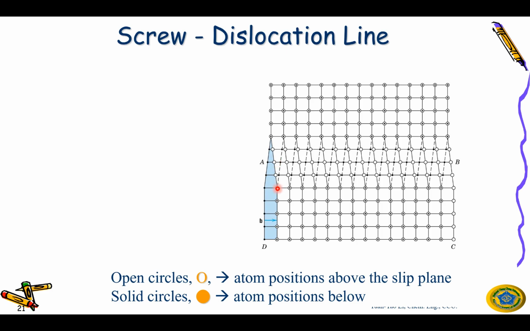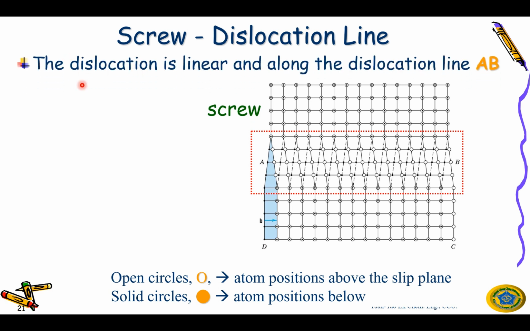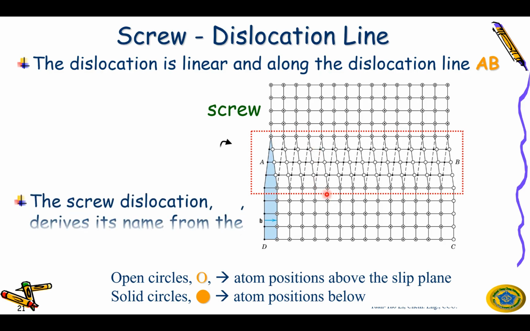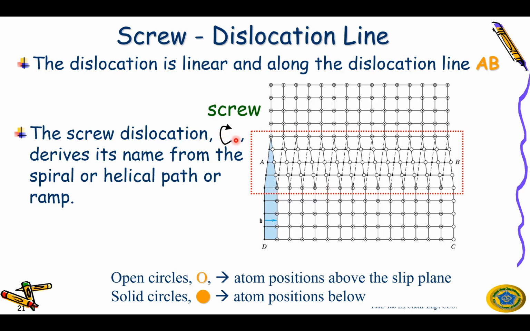So it goes bottom, up, bottom, up, bottom, up. What does it look like? It looks like a screw. That's why we call this a screw dislocation. This dislocation is linear and runs along the dislocation line A and B. You use a symbol like this.